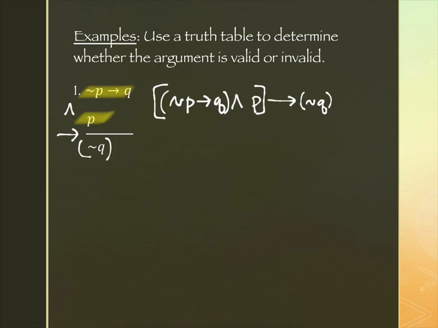And then what we do is we create a truth table for this kind of cumbersome long piece that we just created. Okay, so how many statements do we have? 2 statements. So my truth table is going to have 2 columns, P and Q. That's where we start.